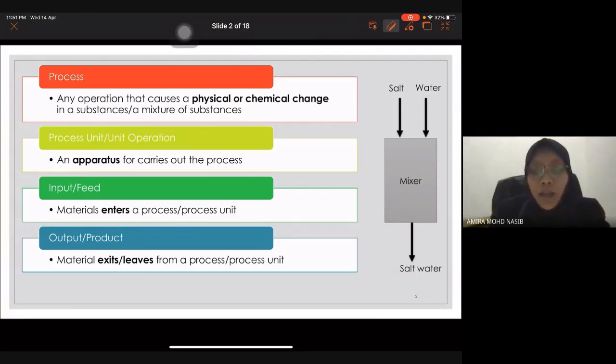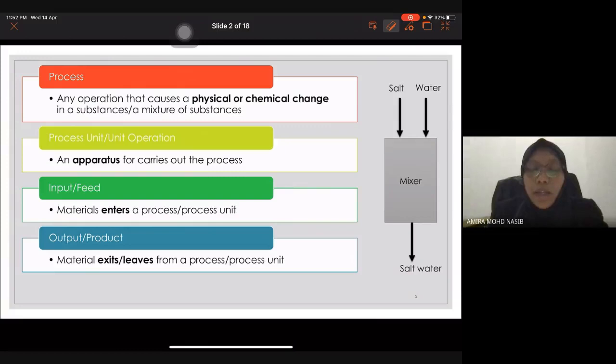Just now I gave you the example about baking a cake. So what are the tools that you are using to bake a cake? You are using an oven. That oven is the apparatus that you use to carry out the baking process. So what is the input? Input is any material that enters the unit process.